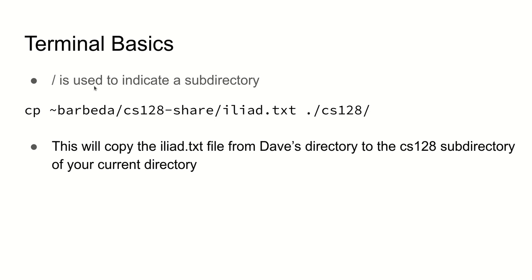And this over here tells us we're starting in Dave's personal directory. That's what the tilde and then the username means. And from there, we're looking at CS128 share, and we're finding iliad.txt, and then we're going to put a copy of it here in the CS128 directory.